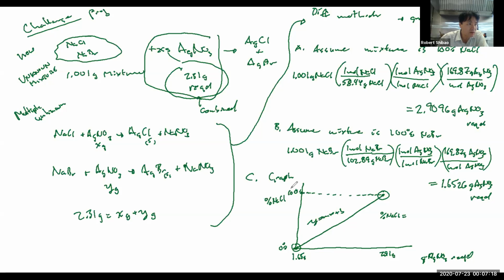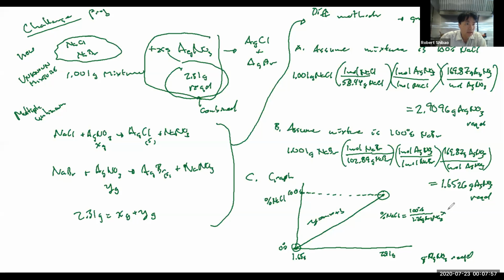m, the slope. The slope is going to be delta y over delta x. Delta y is 100 minus 0, over delta x. Delta x is 2.91 minus 1.65, 1.26, times x.